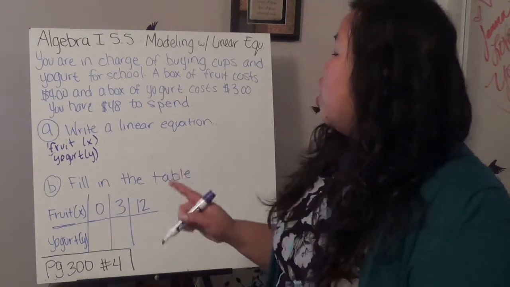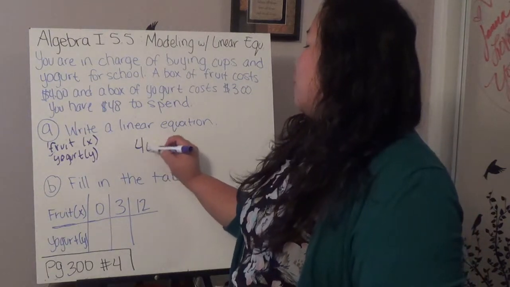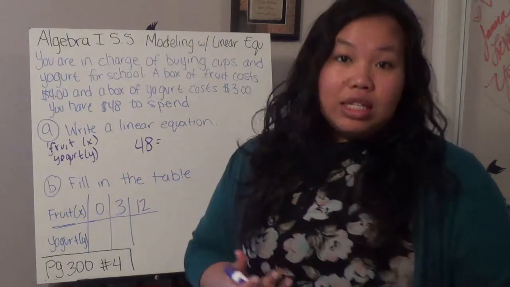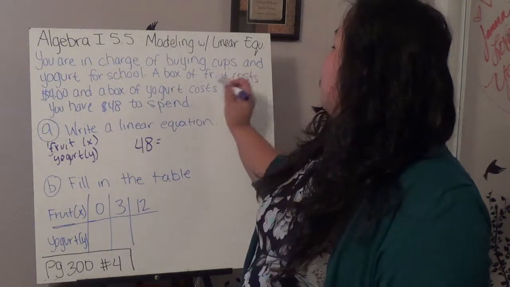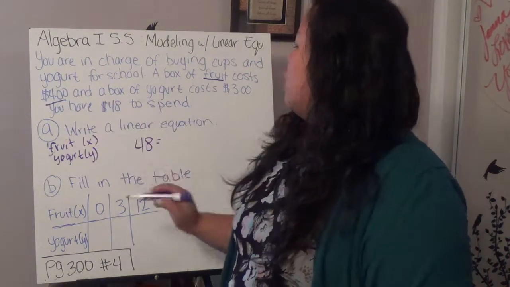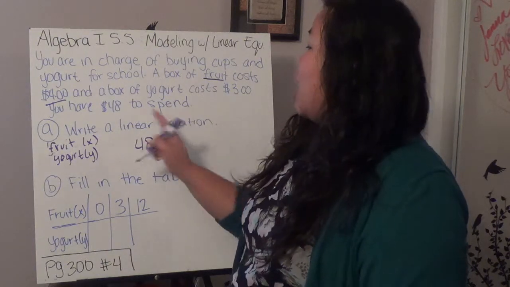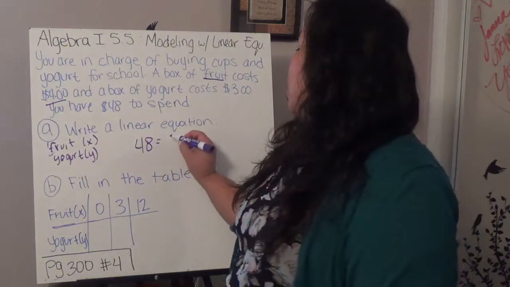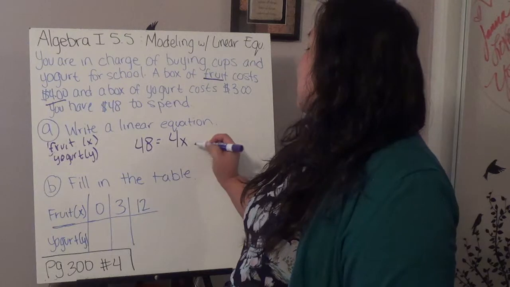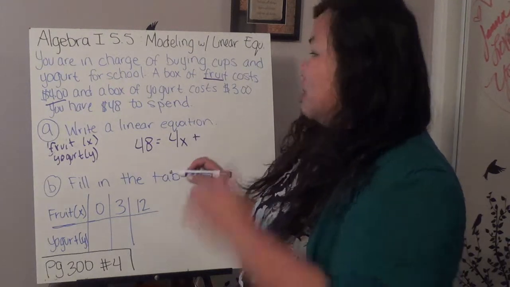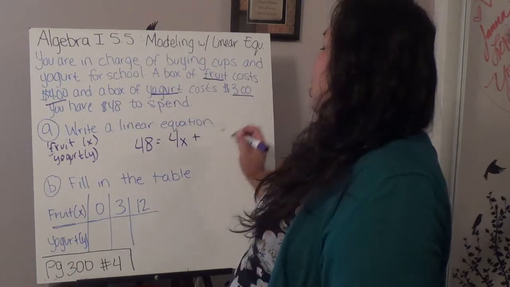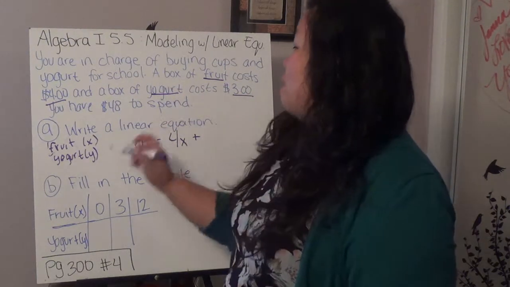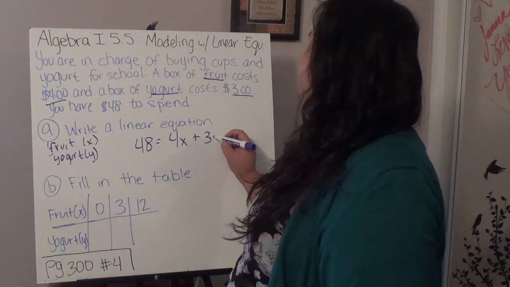We know that no matter what, we can't go over $48 because that's how much money is given to us. Every cup of fruit costs $4, so however many fruit I buy, I have to multiply it by 4. So it's 4x. And I also have to add the yogurt, which is $3, so however much yogurt I buy, I multiply it by y.